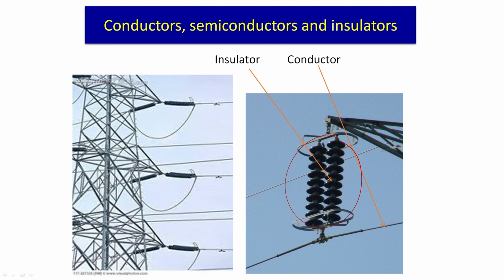In this picture, you can clearly see that for any electrical transmission, you need combinations of these materials. How do you characterize them? What are the different parameters used to characterize conductors, semiconductors, insulators? What are the basic theories of understanding the behavior of these kinds of materials? We have talked about it.